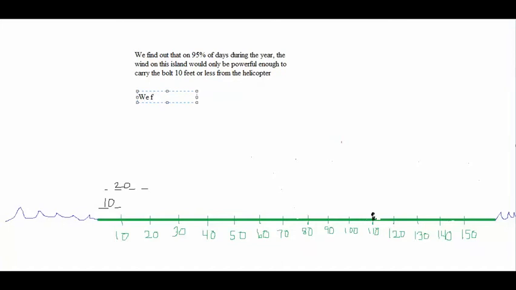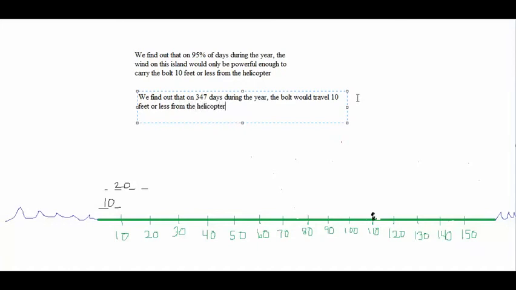So we find out that on 347 days during the year, the bolt would travel 10 feet or less from the helicopter, because on those days the wind would only be powerful enough to carry the bolt 10 feet or less.